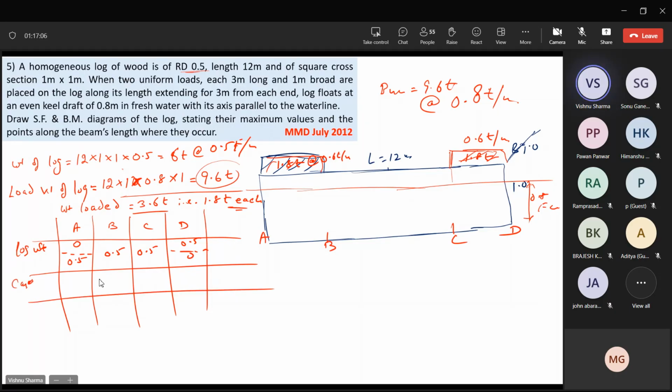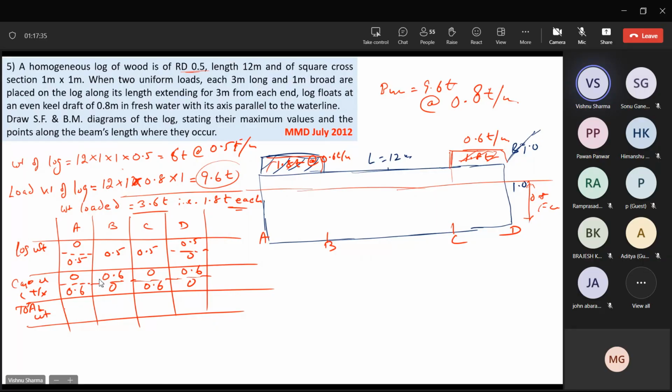Cargo, or weight loaded on top, in tons per meter. At A, B, C and D, it has to be divided. At A, it is 0 to 0.6, then 0.6 to 0, 0 to 0.6, 0.6 to 0. This becomes total weight.